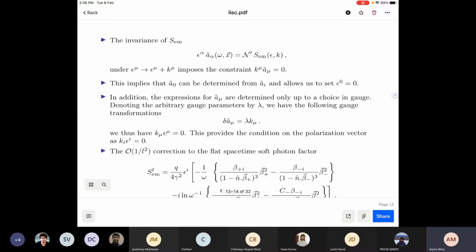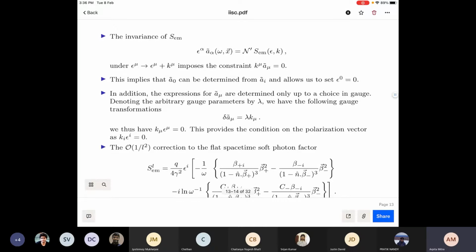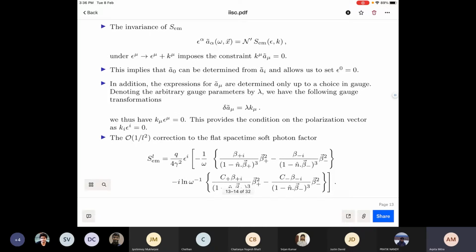Similarly, a mu tilde is determined only up to a choice in gauge, so we can parameterize the arbitrary gauge transformation as delta a mu tilde equal to lambda k mu. To be invariant under these transformations, we need k mu epsilon mu to be 0. That implies that if ai is proportional to ki, those terms are not going to contribute in the soft factor.